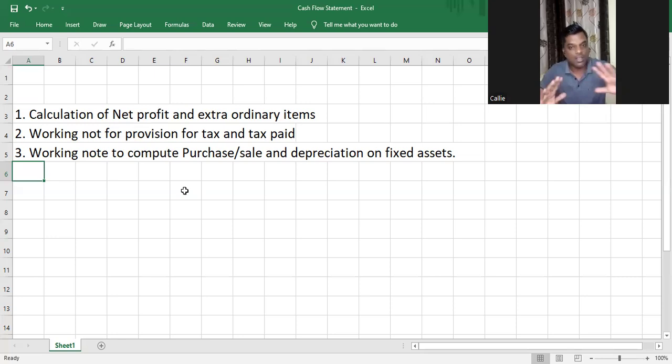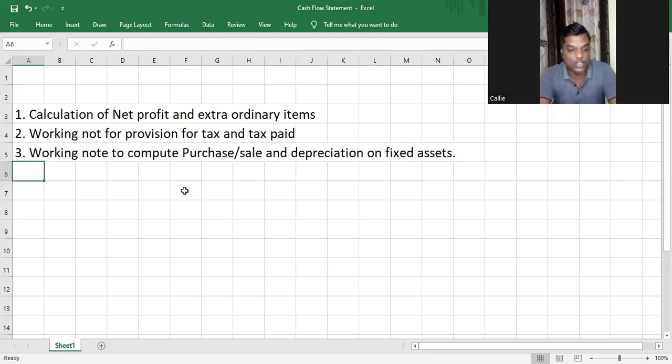Just trust me and try to understand these working notes properly. And then when we start solving the questions, you will understand how they fit in nicely there, and how learning these working notes before we start solving the cash flow statement problem helps a long way for us to solve the problem in an easy manner. Understood or not, my dear children? So let's go ahead and do that.